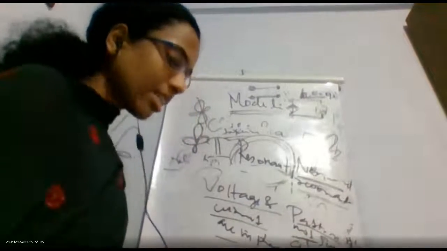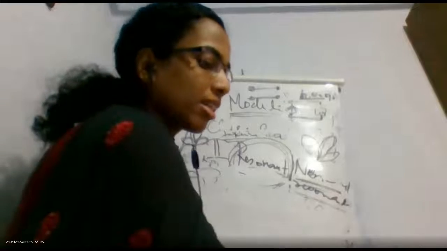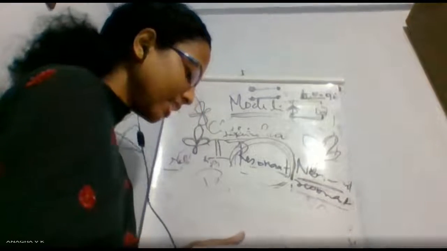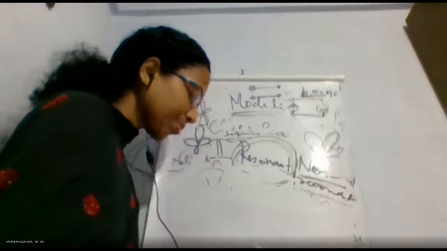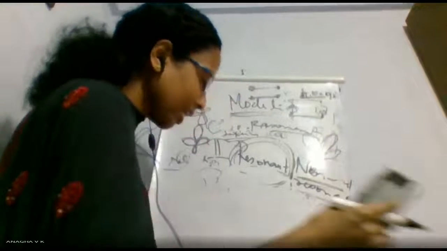Next is L and C. In resonance, have you heard about L and C elements, capacitors and inductors? In a resonance circuit, the main components are capacitors and inductors.